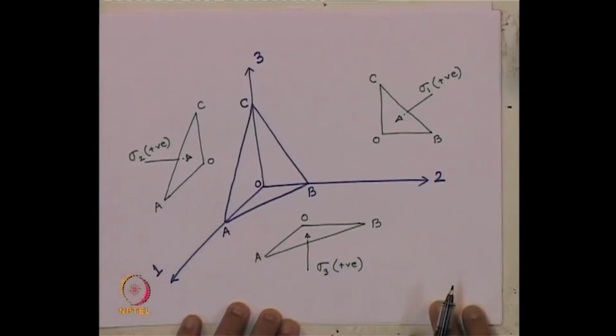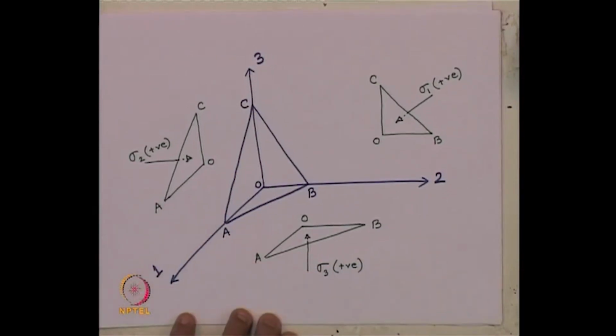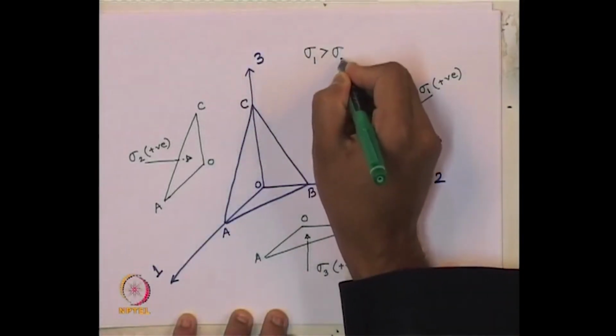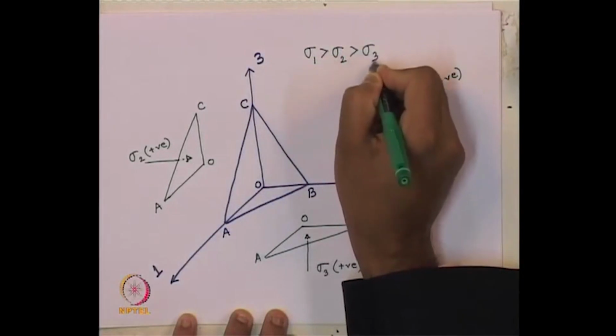So, these are the three principal stresses acting on the soil element, and let us say sigma 1 is greater than sigma 2 is greater than sigma 3.